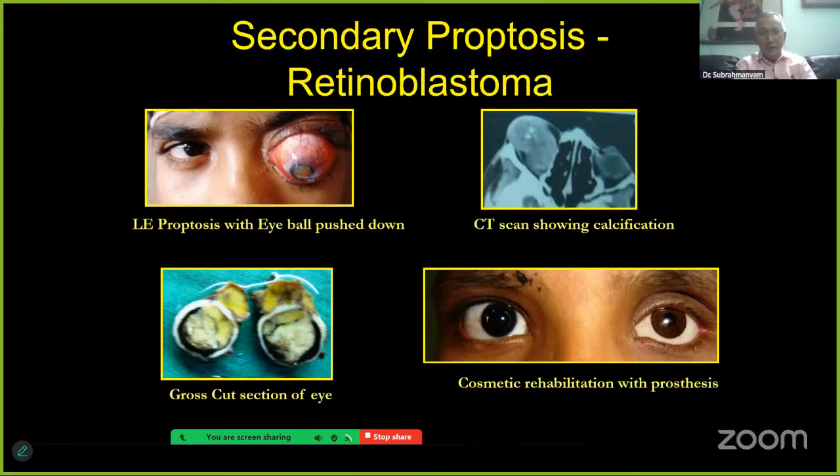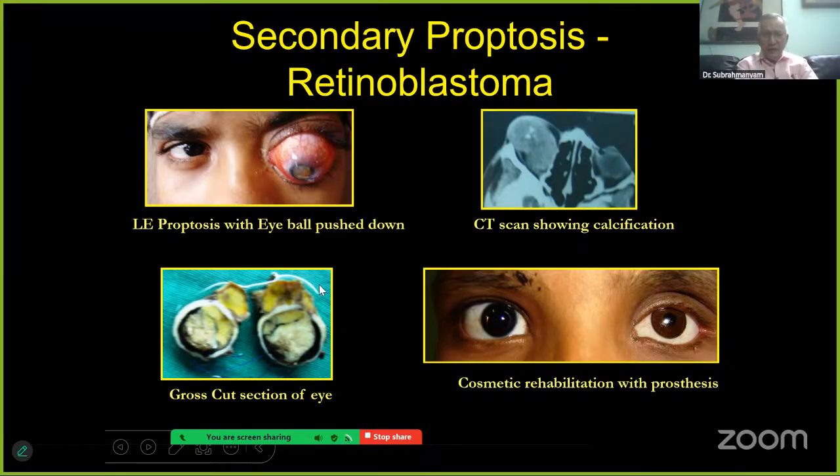Secondary proptosis due to intraocular tumors extending is a retinoblastoma. As you can see, you typically see the mass involving the entire globe with orbital extension and calcification. With severe proptosis, the patient underwent chemoreduction with 4 cycles, and then the patient came for extended enucleation.